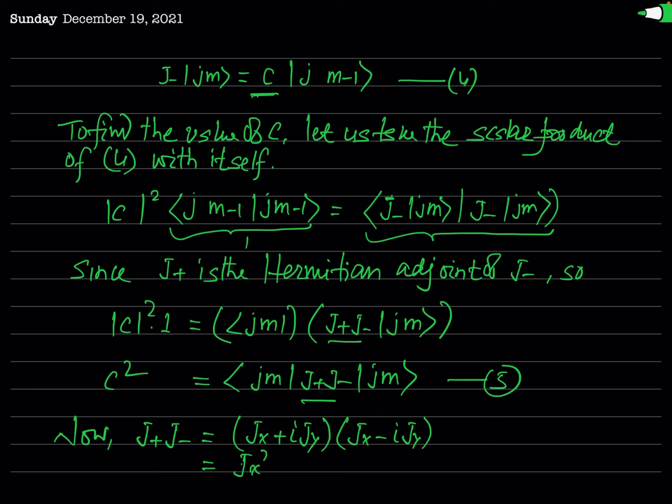This will be jx square, you can see, i jy times minus i jy, this is minus i square jy square, but i square will be minus 1, so this will become plus jy square. And now jx times minus i jy, so this is minus i jx jy and plus i jy jx.